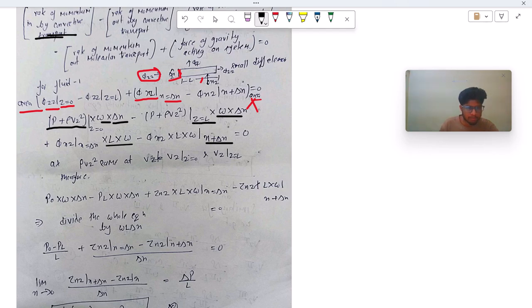So we have this equation. There is no gravity component, as there is no gravity component in the horizontal direction. As rho vz square will be the same at z equal to 0 and z equal to L.